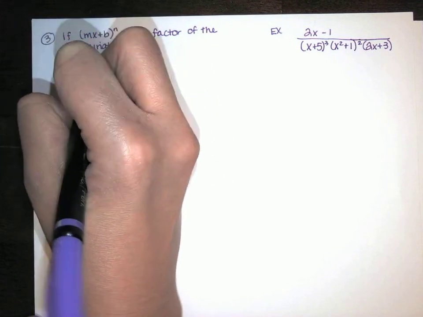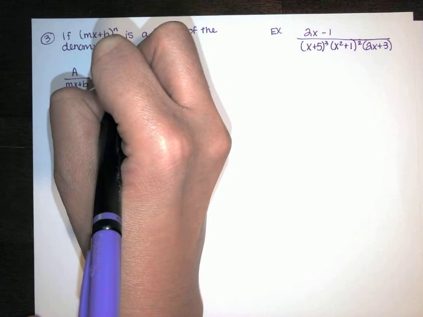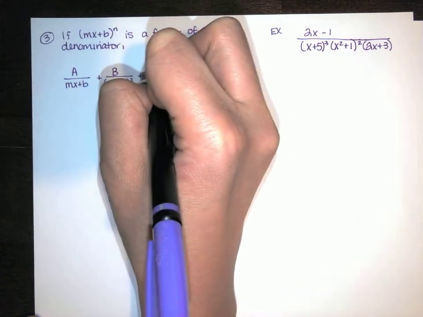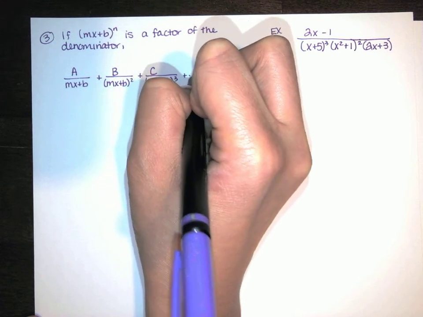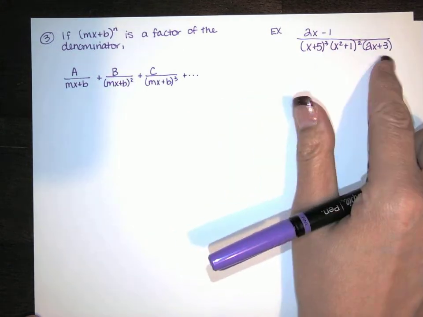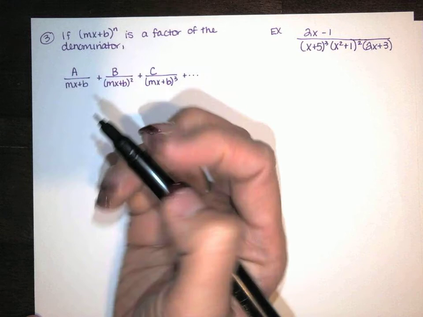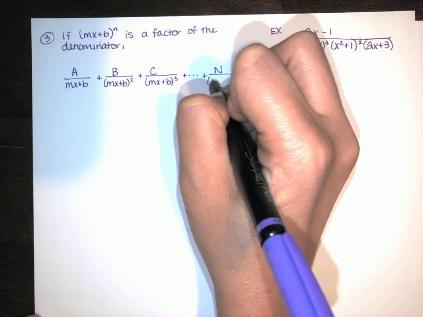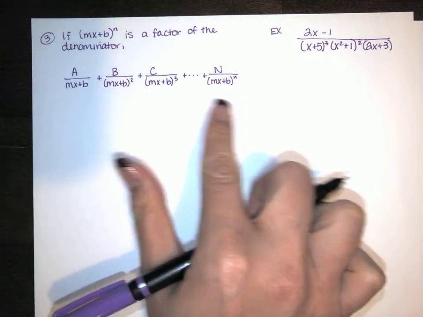I'll have a constant over my linear factor plus a constant over my linear factor squared plus a constant over that linear factor cubed. And I keep going until I get to that power, whatever that power is. It's the highest power of the factor when you write it down. Since there are n of these, I'll have n terms.